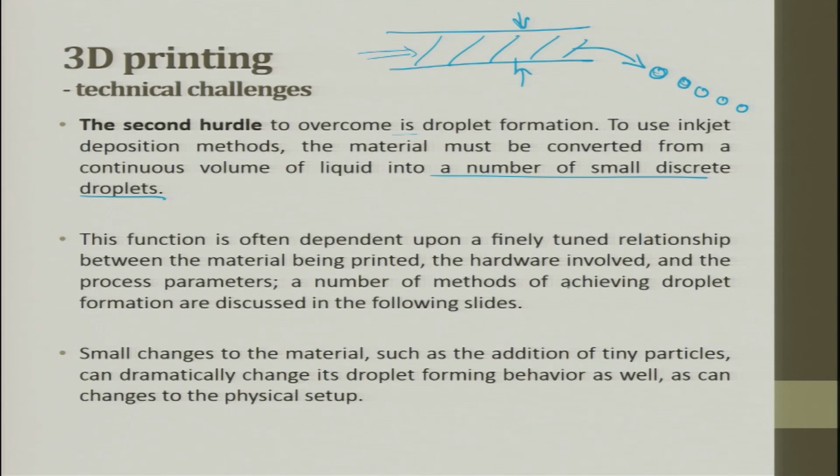A number of methods of achieving droplet formation are discussed in the forthcoming slides. A small change of the material, such as the addition of tiny particles, may drastically change its droplet formation behavior, as can a change to the physical setup. So, if you have nanoparticles dispersed in this droplet, then it becomes a completely different ball game to operate.